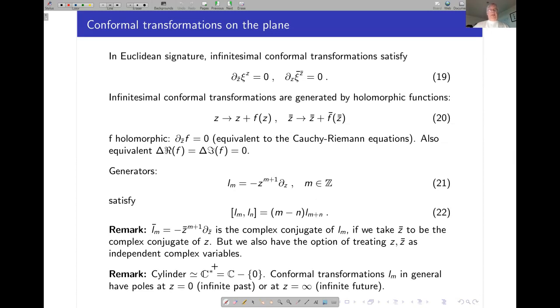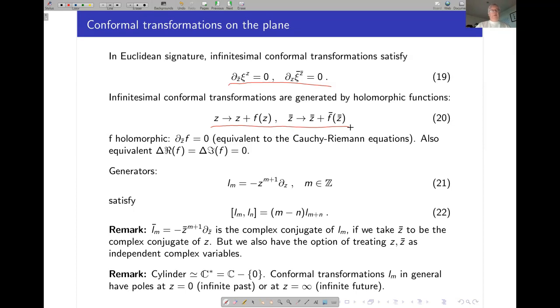So that was a cylinder. Let's briefly review how this looks in the plane. So I said in the plane, my condition is that the z component of the vector field is independent of z bar. Therefore, conformal transformations, which I've now written in infinitesimal form, are generated by holomorphic functions.